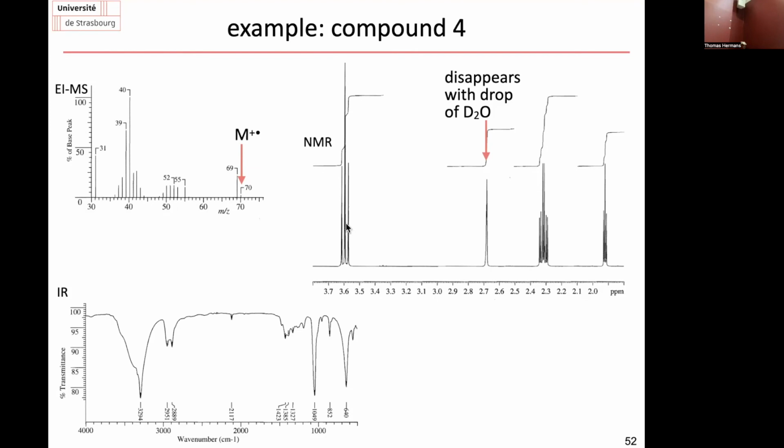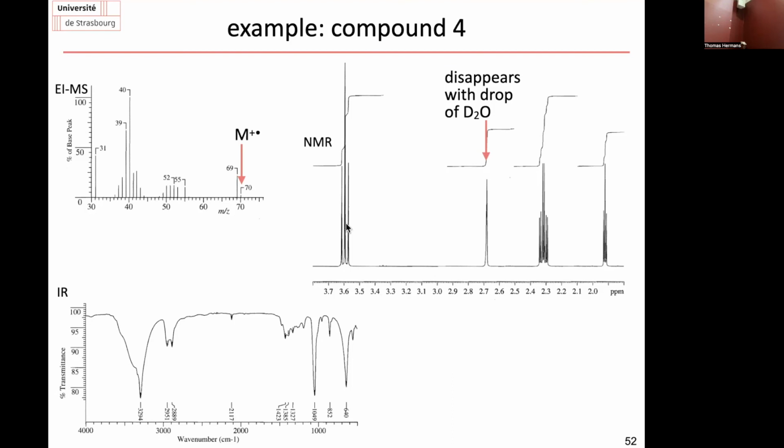Sorry, it's difficult to remember all this stuff, but in the last class, the coupling constant is the space between the peaks, right? So in a normal triplet, let's say I have some neighbors. This carbon has two neighbors, so it will give me a triplet. And it's a normal alkyl, carbon-carbon 3-bond coupling.